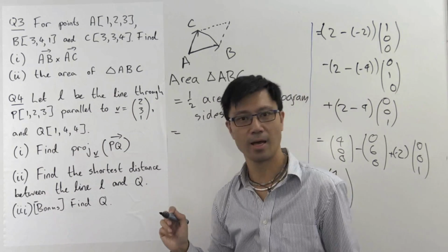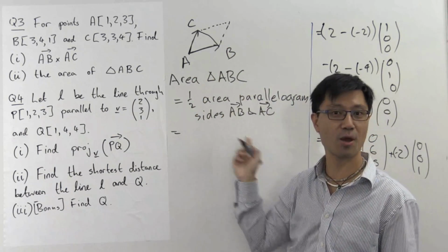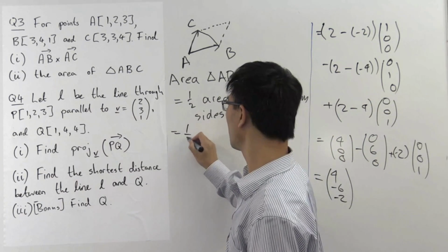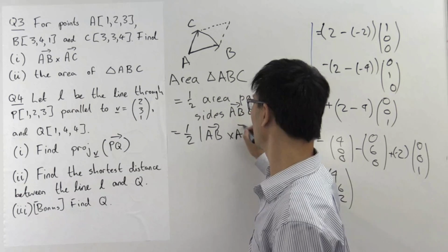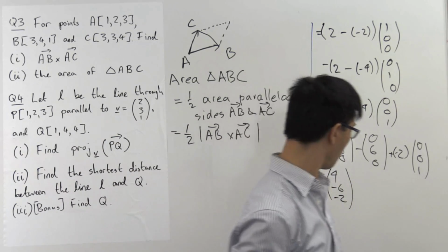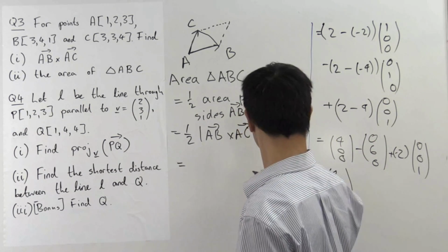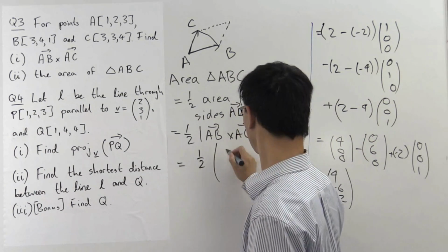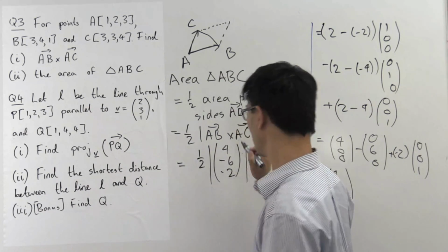Okay, and as I said, the magnitude of the cross product gives you this term here. So it's half times the magnitude of AB cross AC. And we just work that out over here. That's this one here, 4, minus 6, minus 2. So it equals half the length of 4, minus 6, minus 2.